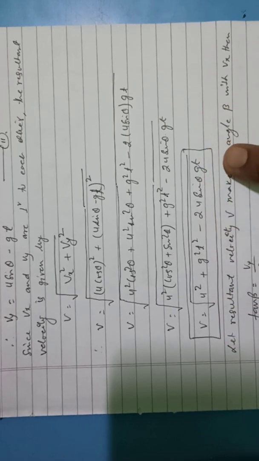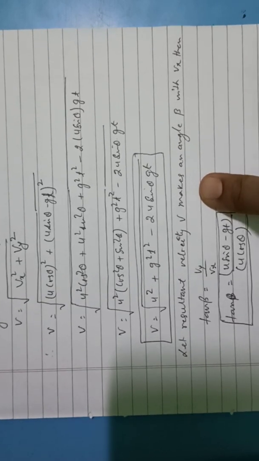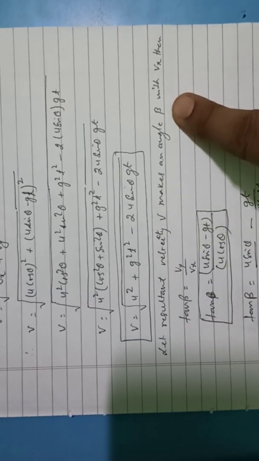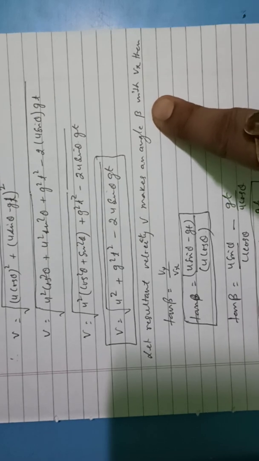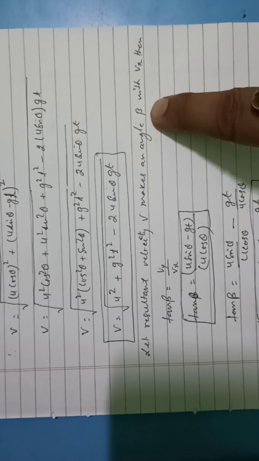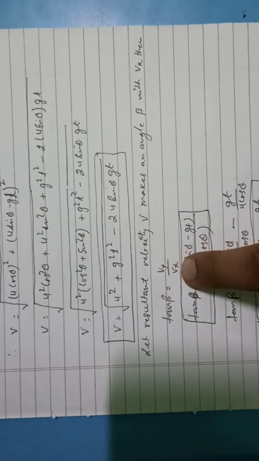It is the expression for the resultant velocity of the projectile at any instant of time. Now if we want to find the direction of the resultant velocity, let the resultant velocity V make an angle beta with the x-axis or Vx. Then tan beta is equal to Vy by Vx. That is the slope.